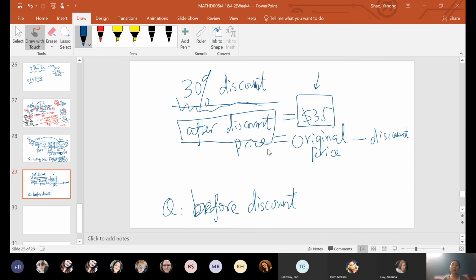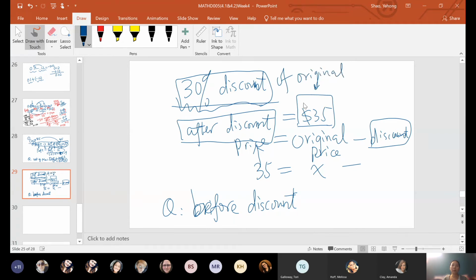Okay, so I do know after discount, I paid $35. So that equals original, which is unknown. I don't know how much that is. So let's call it X, minus discount. Well, I don't know the discount either, but I do know we get a 30% discount of original. Whenever we say the discount, it's always of original.